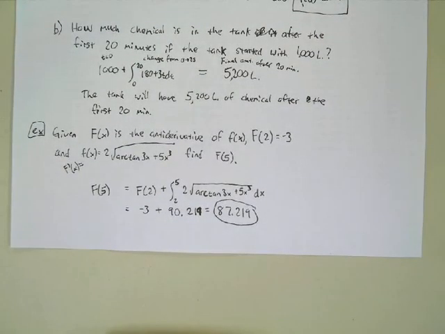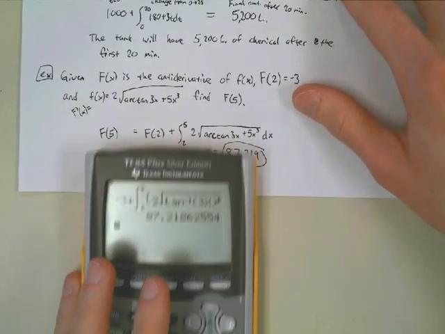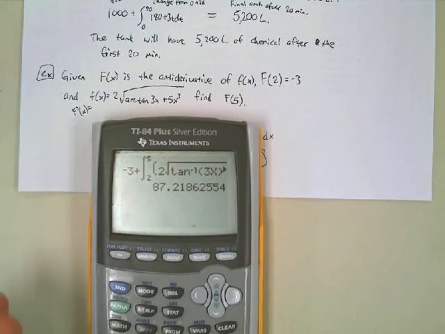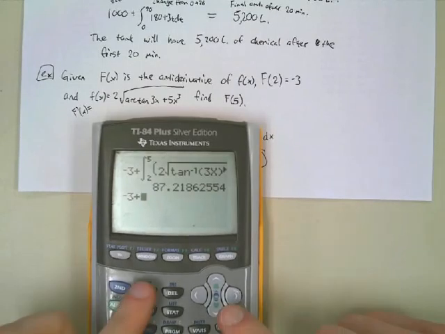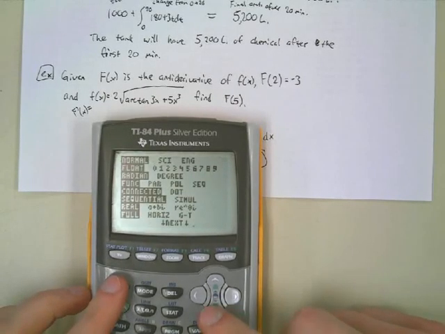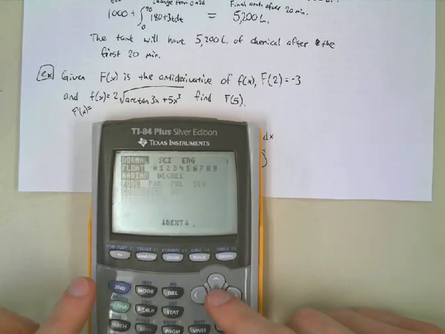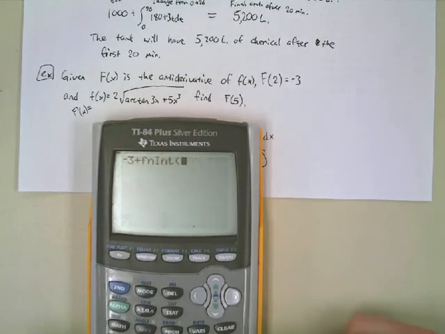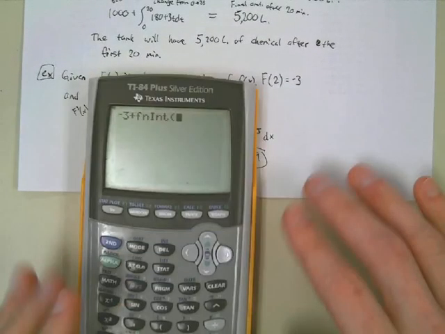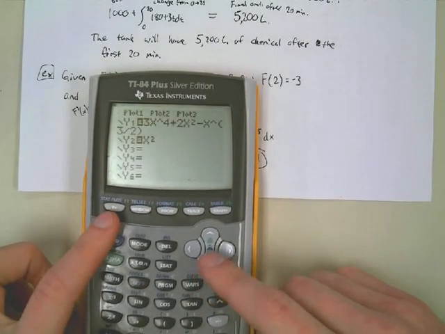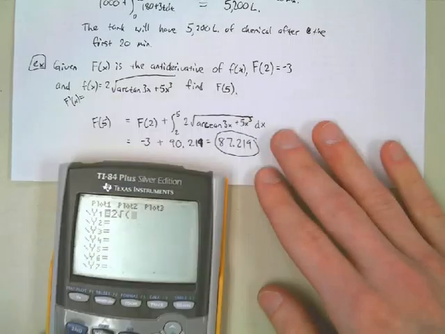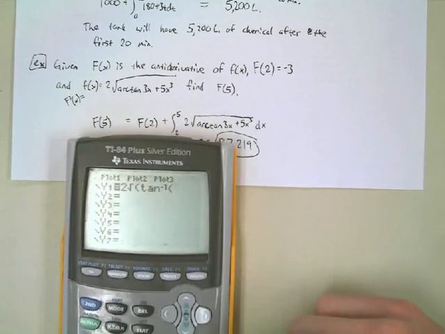Let me show you something else. Folks, in your calculator, you can type in literally -3 plus, and watch, I'll even do it the other way, the ugly way, since I think most of you have the ugly way. You can do -3 plus the function integration here. All right, I'll type the whole thing in here real quick. 2 square root of arctangent 3x, close parentheses, plus 5x to the third, close parentheses there.